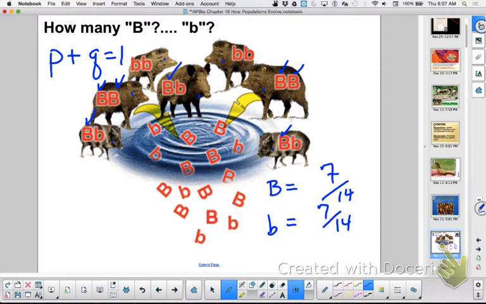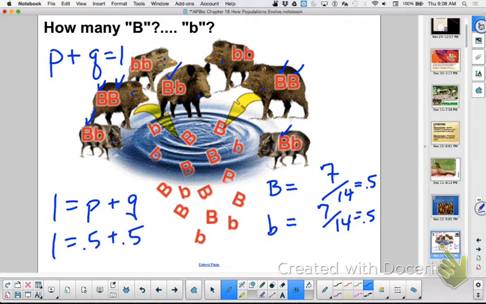So this tells me right here, what is 7 divided by 14? 1 half, and we'll say 0.5, and then again 0.5, right? So of the total alleles we have right here, 1 equals P plus Q, right? 1 equals 0.5 plus 0.5. Are we all right with that? That is what's called the allele frequency. We just calculated it out.